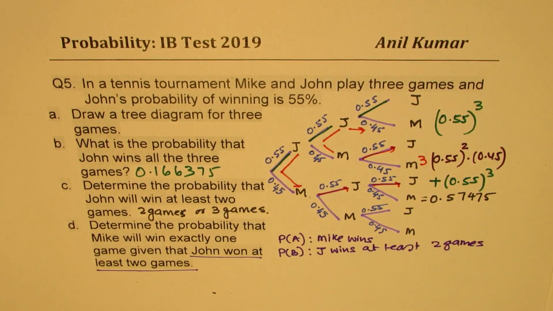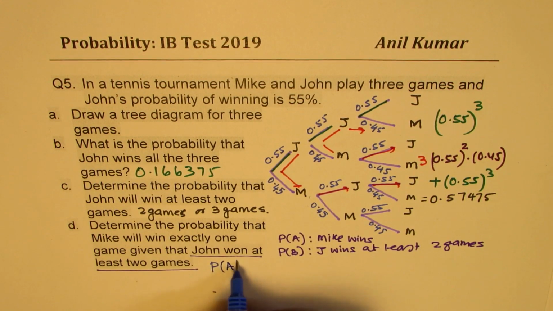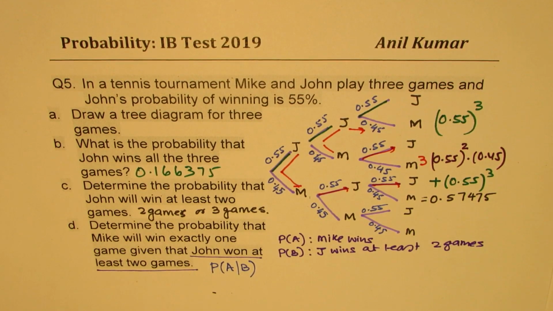Now we have to figure out a conditional probability in this particular case. That is to say, the probability that Mike wins one game when it is given that John has won at least 2 games.